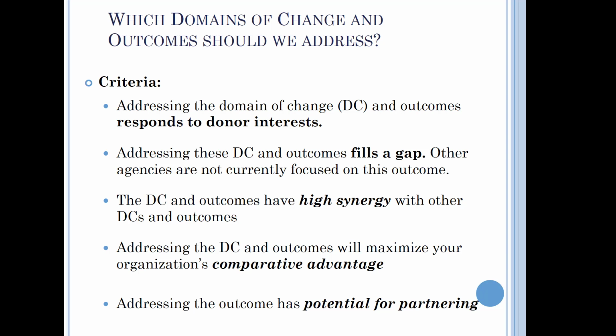And you should choose those that have high synergies, and where you can collaborate with others. And also, of course, and very important, you should choose domains of change where your institution has a competitive advantage with regard to others that could be working in development there as well.